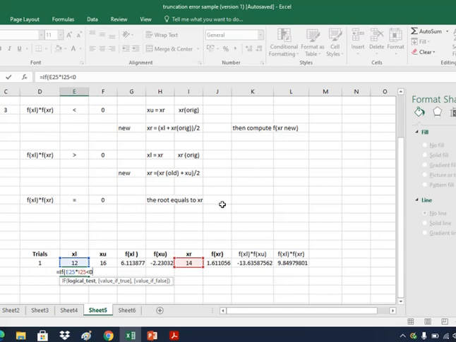Ano nga mangyayari? Then, the value of XL would be what?